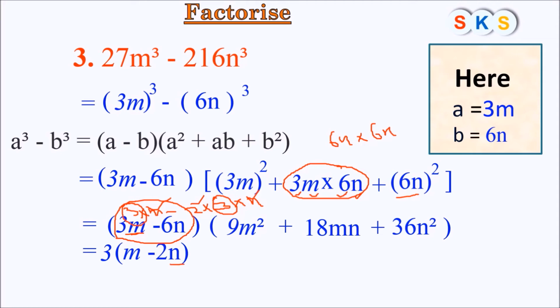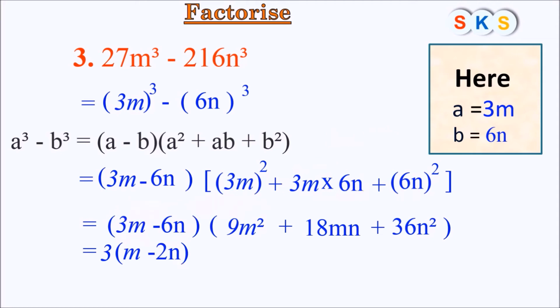Now similarly, look at the second bracket. In the second bracket we have 9 as common, right? You can write 9 into m square, correct? And 18 means 9 into 2mn, right? And 36 you can write as 9 into 4n square, right? Because 9 times 4 is 36.